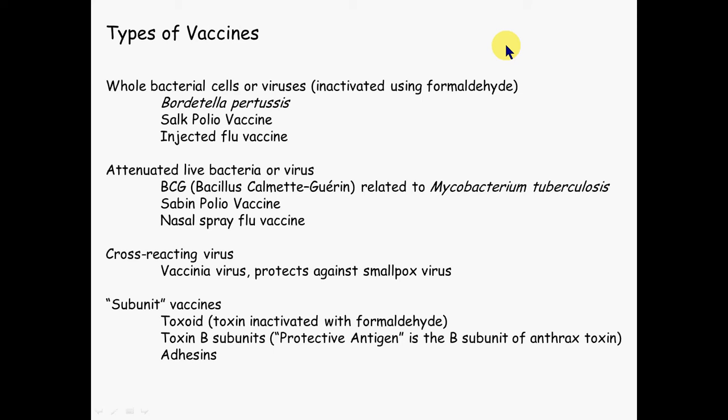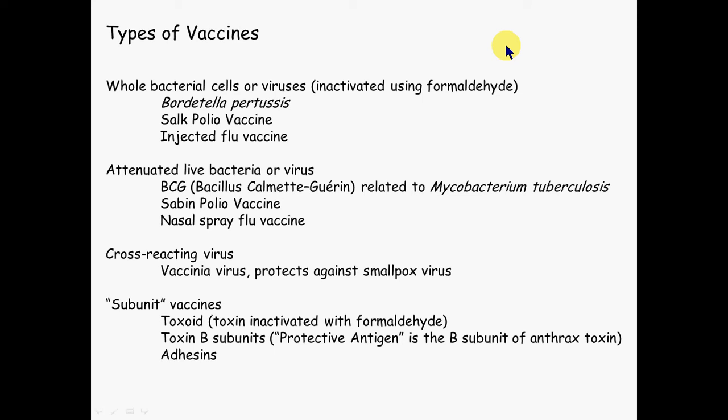Another thing that you can imagine using: we talked a lot about toxins having an A subunit and a B subunit. Imagine injecting somebody with the B subunit. It is harmless because it doesn't have a warhead, but if you make antibodies against it, they will protect a person against the whole toxin by coating the B portion of the toxin.